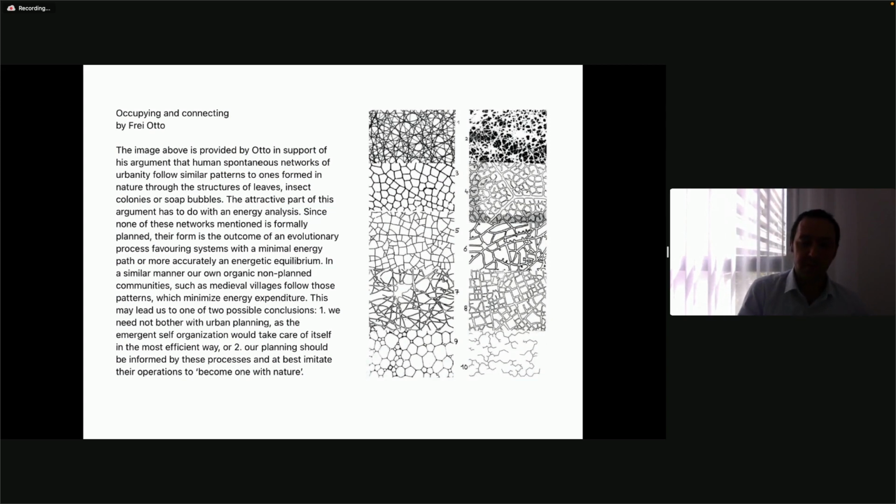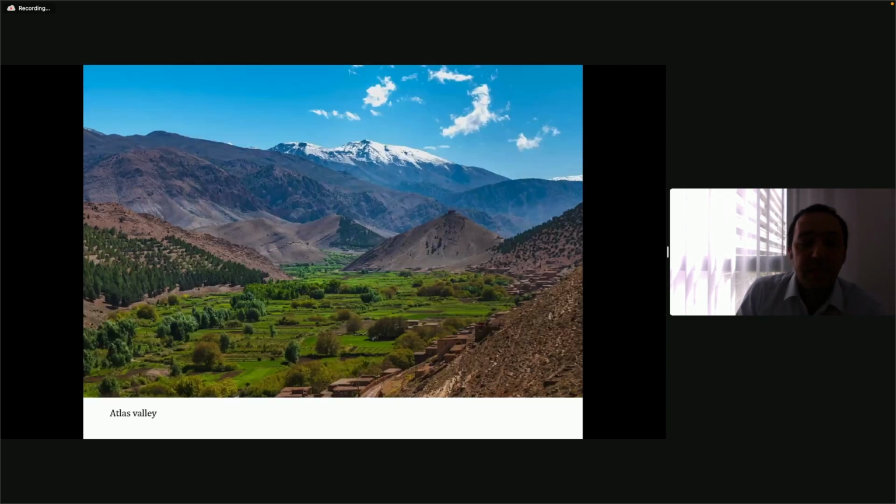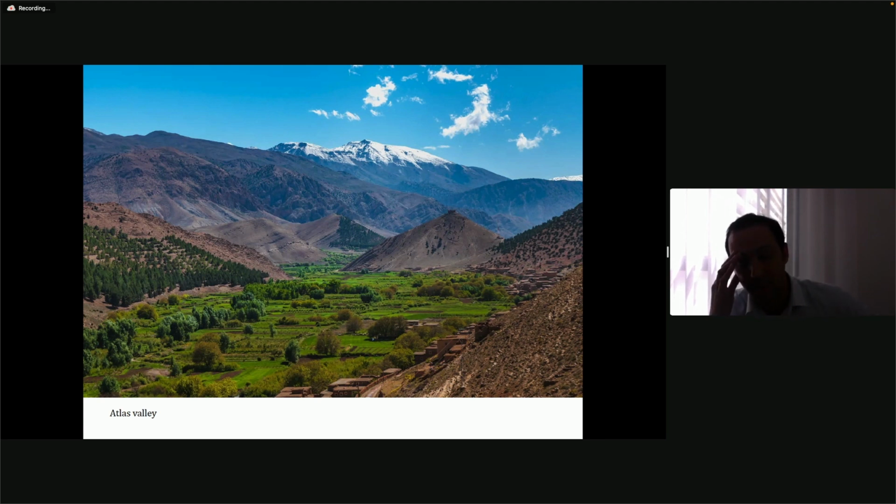So it's something that we can really analyze a lot. And we can find some similarities with the great south of Morocco, because it's vernacular, it comes from the community, and it's almost auto-construction. I mean, all this heritage has been made without architects.